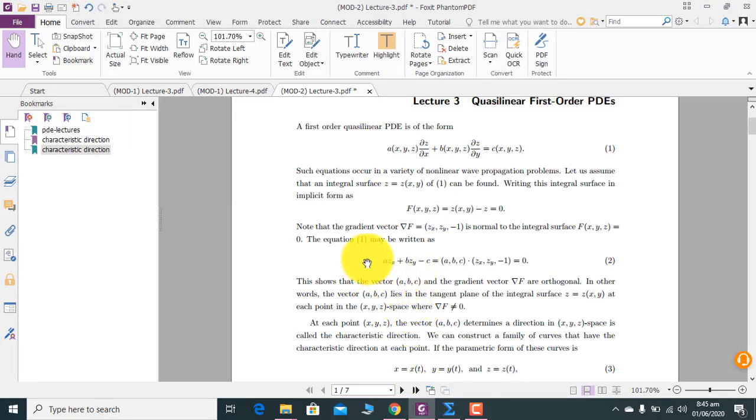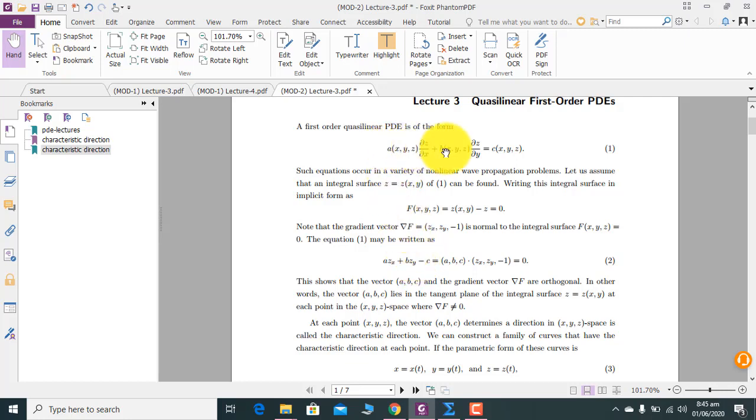But geometrically, please go to your differential geometry course or affine geometry course. You will understand the gradient is normal to the integral surface. So the gradient vector calculated for a function will be regarded as a normal vector to the surface at each point x, y, z. What is the benefit of that? You will understand just after 2 minutes.